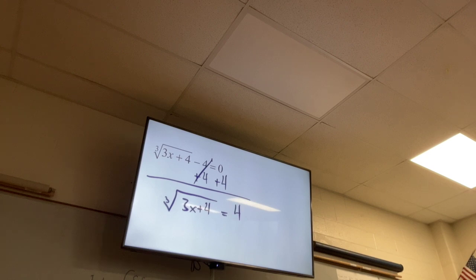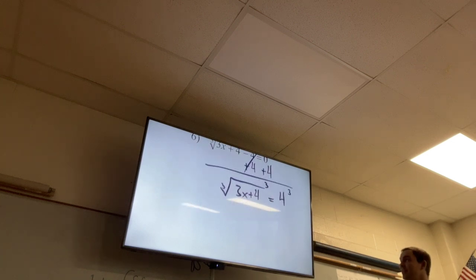What do I do to both sides now? Cube them. Hit them with the cube. All right, it cancels on the left. 3x plus 4 equals 64. And solve that equation.